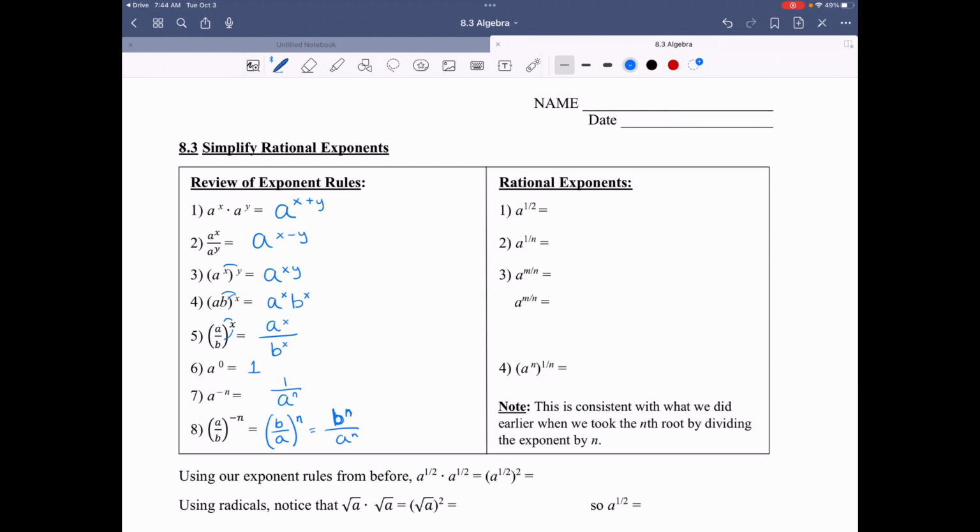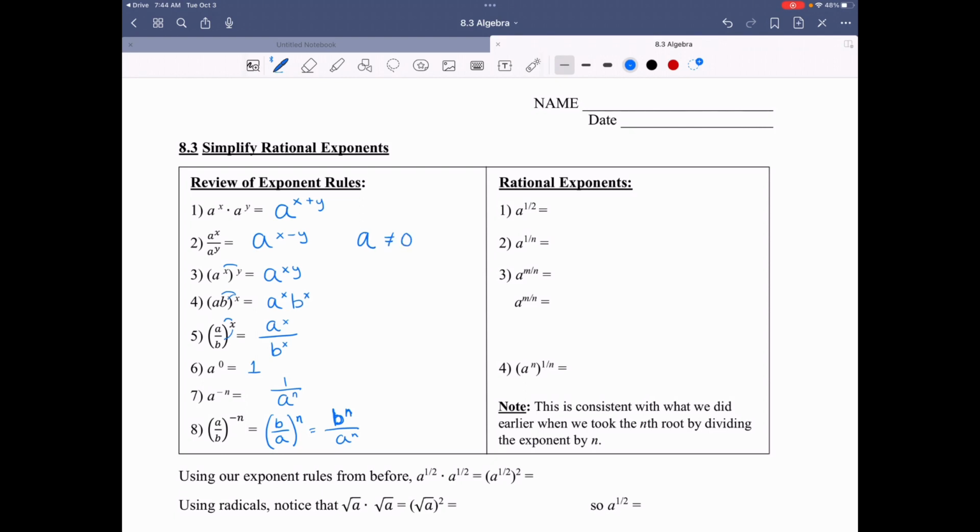And then we need to think about where we cannot have a 0. In the first case, we're not dividing by anything, so we don't need to worry about that. But for the second one, we're dividing by a, and so a cannot equal 0.